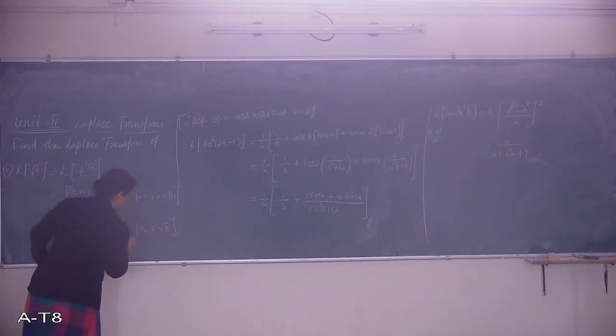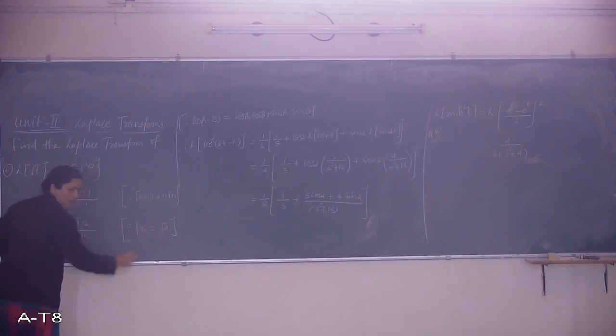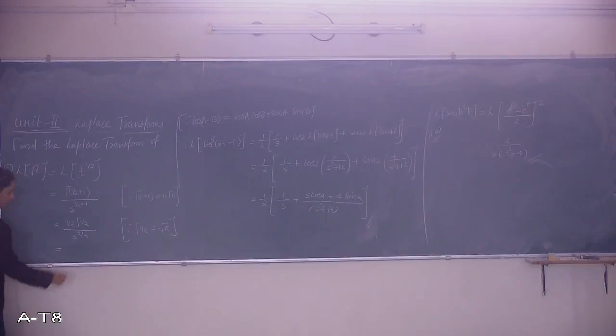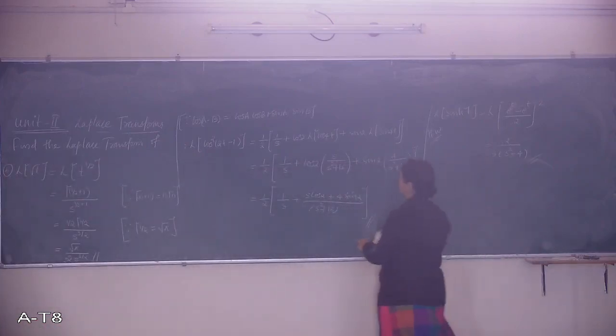So we replace gamma of 1 by 2 by root pi, and write this as root pi divided by 2 into s to the power 3 by 2. So the Laplace transform of root t is root pi divided by 2 into s to the power 3 by 2.